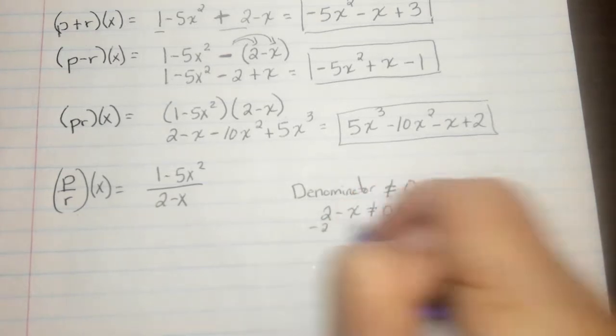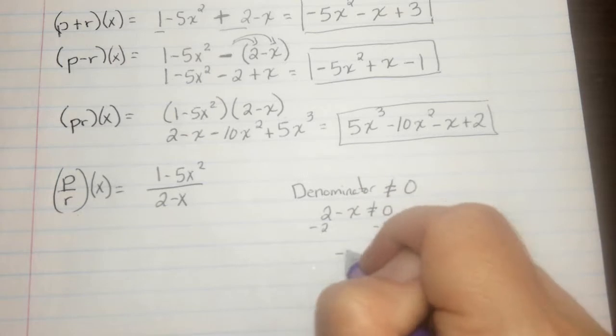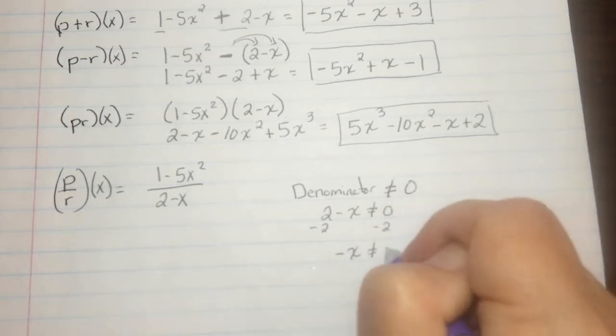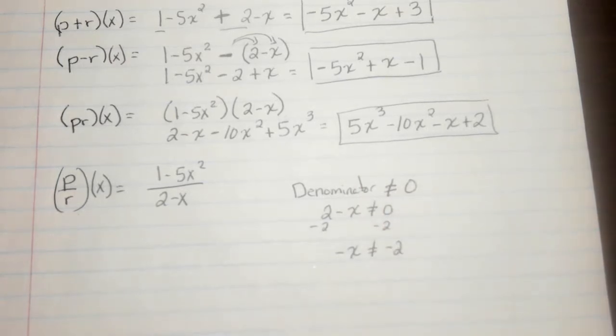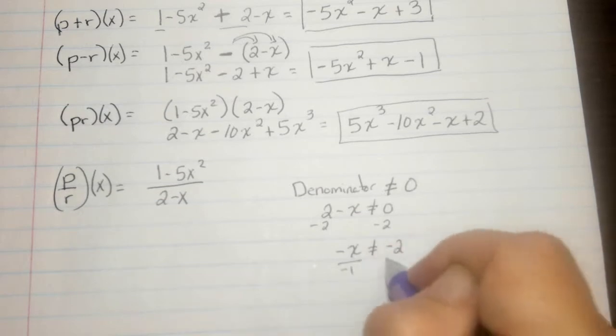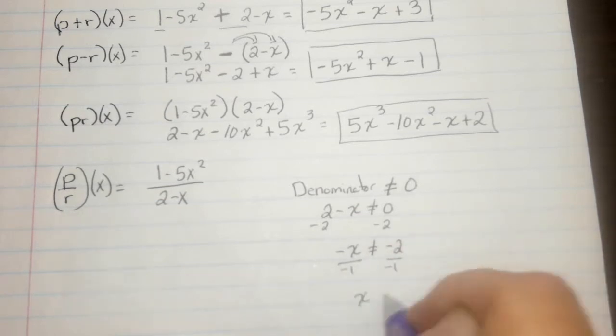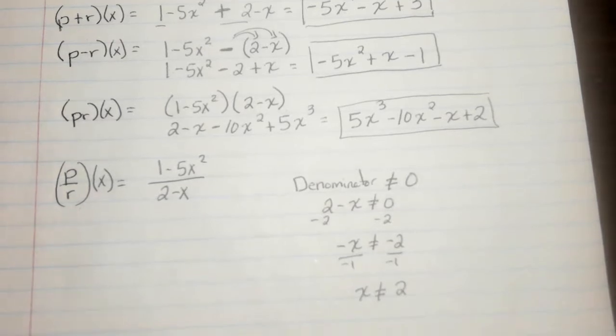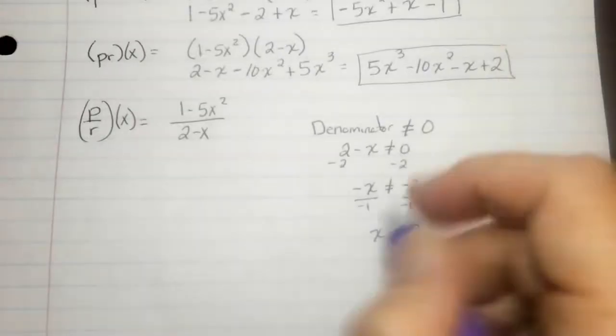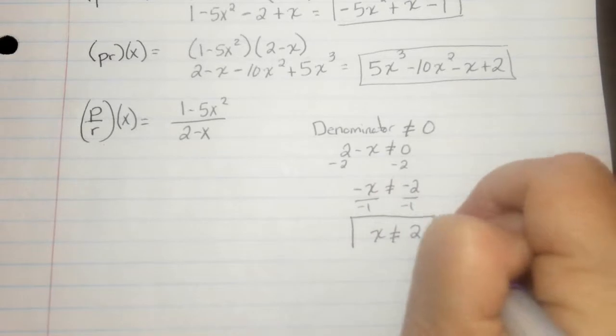So subtracting 2 from both sides, negative x cannot equal negative 2. Then dividing both sides by negative 1, x cannot equal 2. So that is my domain restriction.